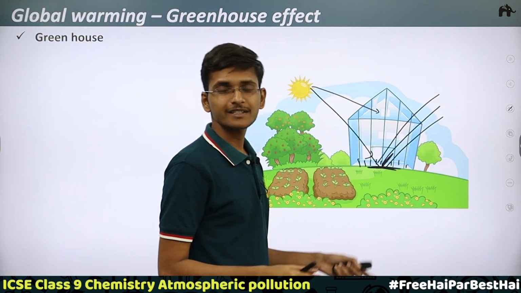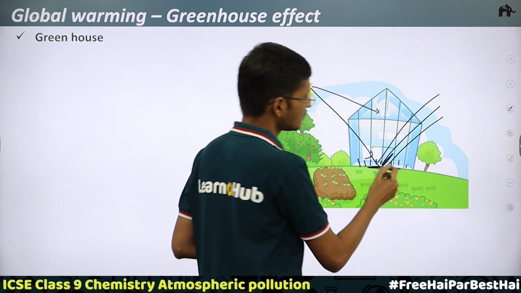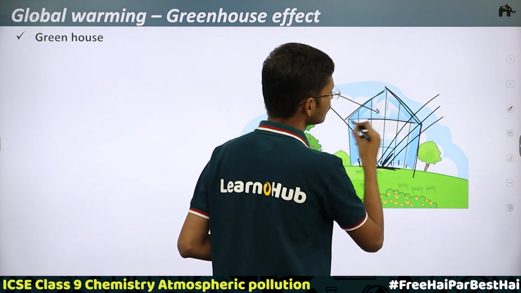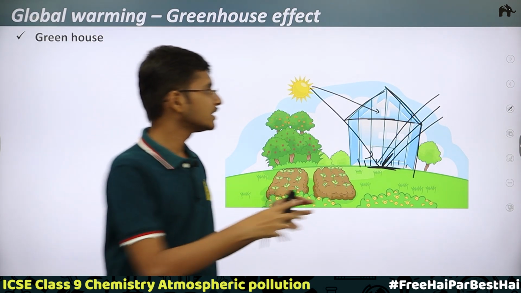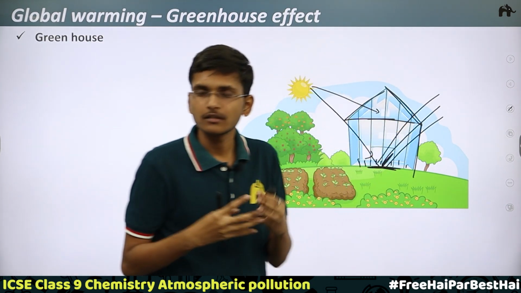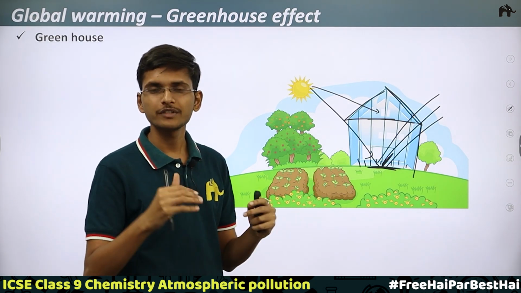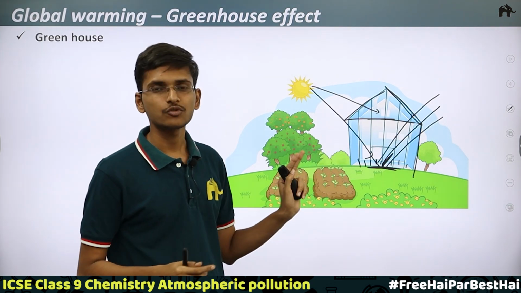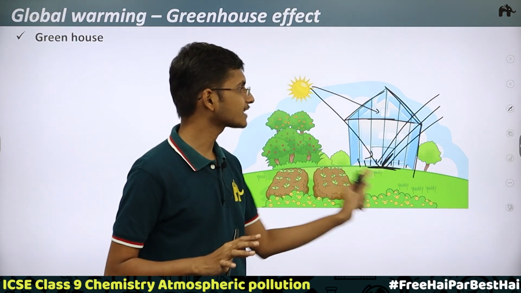And in the same way, just like our greenhouse gases are trapping the infrared radiations, this greenhouse made up of glass is also trapping the infrared radiations inside, keeping the greenhouse at a temperature which is higher than the temperature outside, keeping the conditions warm, in short, by trapping the heat inside the greenhouse.